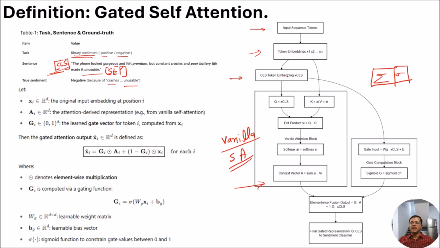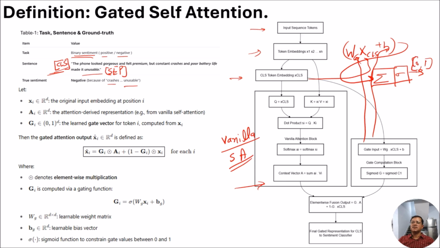First, the embedding XCLS, and second, the gate weight matrix WG, plus bias if available. XCLS comes from here, we design WG here, we fix some bias here, and we pass all those things to here, and then we get output in the range of 0 to 1.